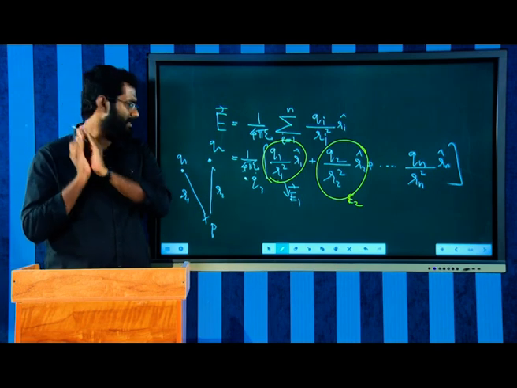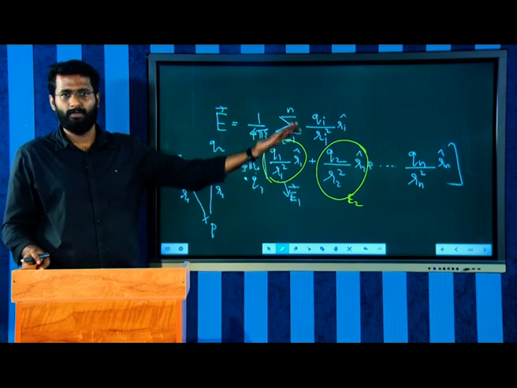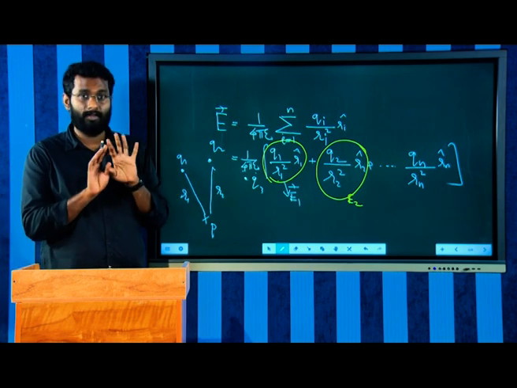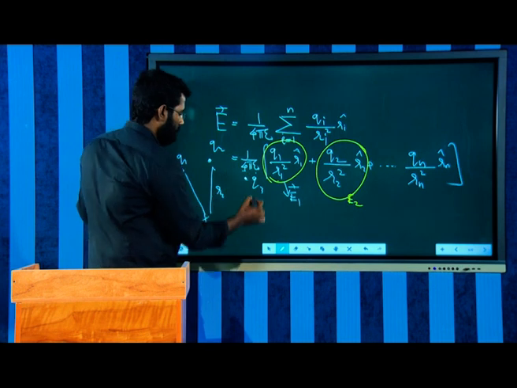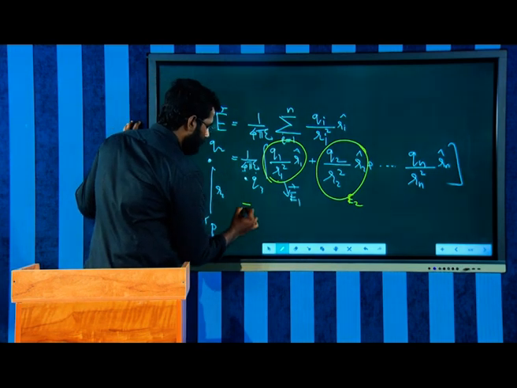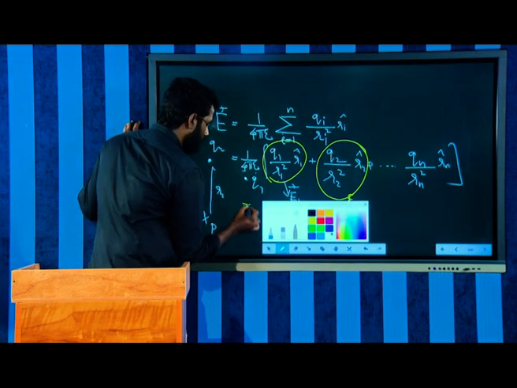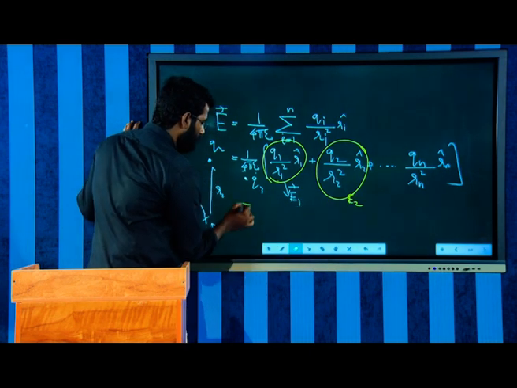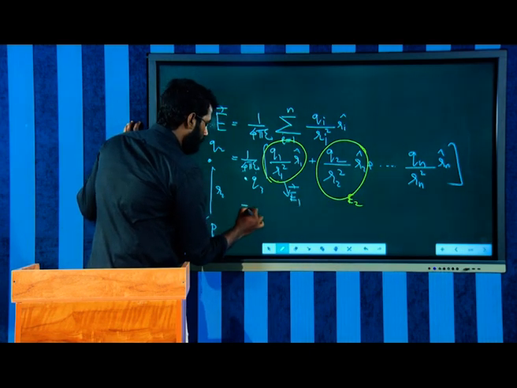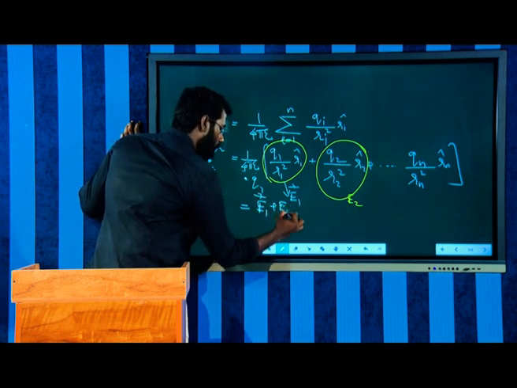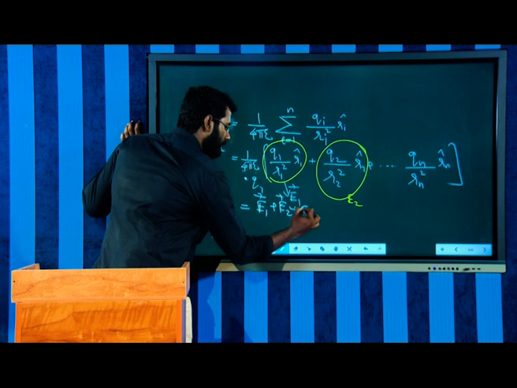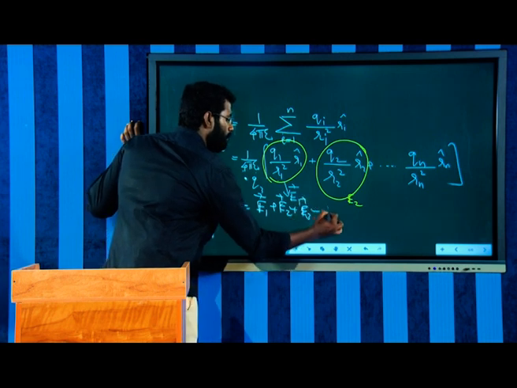That is exactly the same as what we did for the forces, except there is no test charge here, we have only the field. So the answer becomes E1 plus E2 plus E3 and so on up to En.